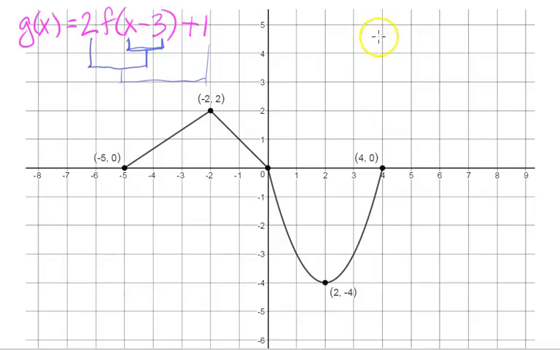Okay, so our step 1, we don't have a step 0, it's given to us. Step 0 ordinarily would be one of our pet graphs. Step 1, move right 3 units. Step 2, stretch, a vertical stretch.